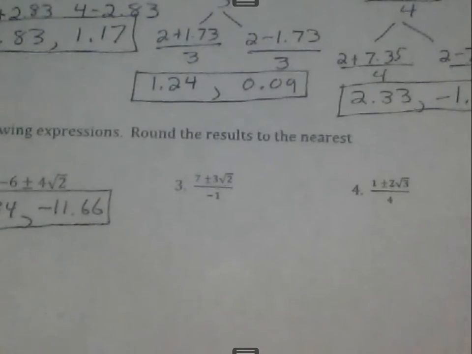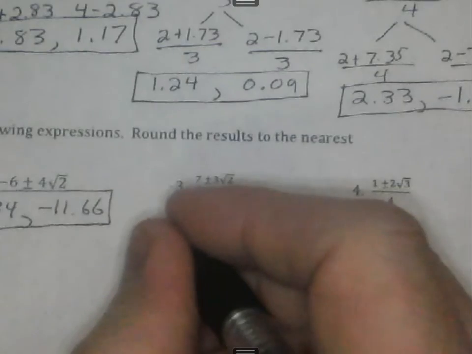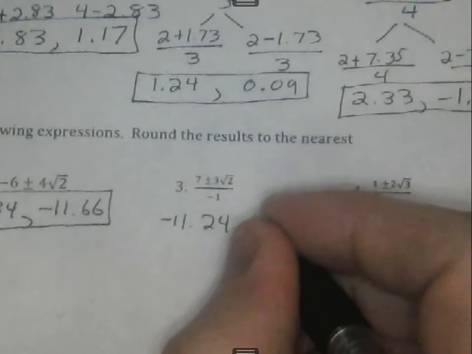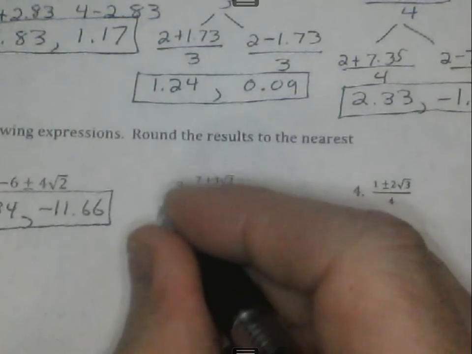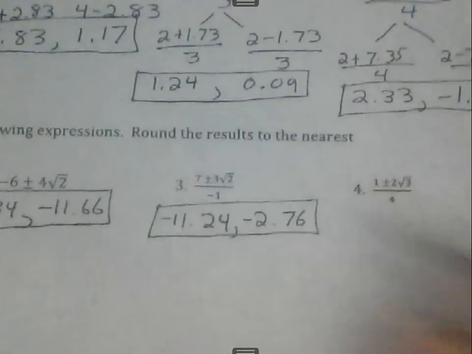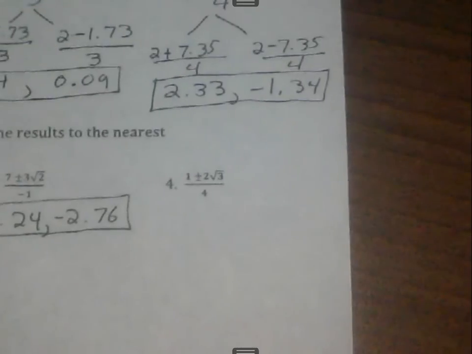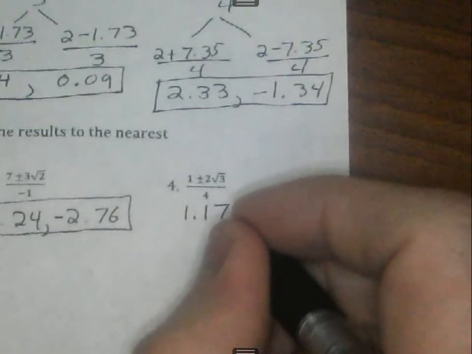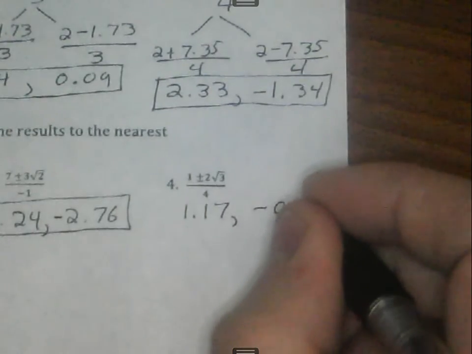Try number 3. The answer for 3 is going to give you negative 11.24 and negative 2.76. Try number 4. The answer is going to be 1.17 and negative 0.62.